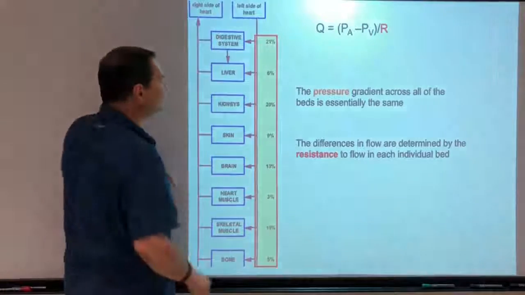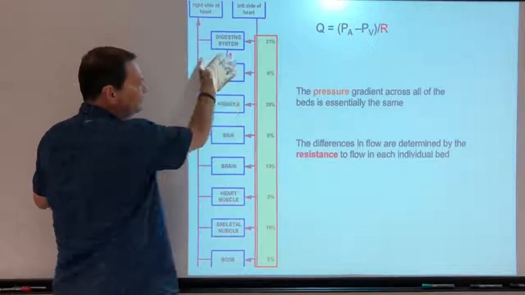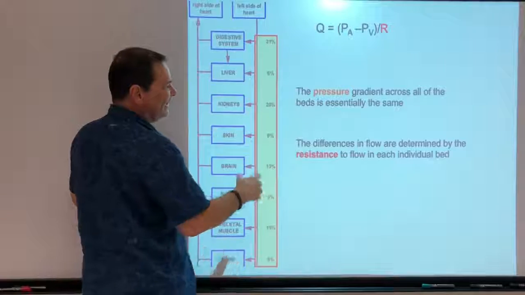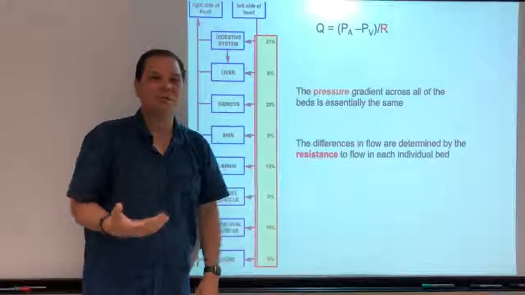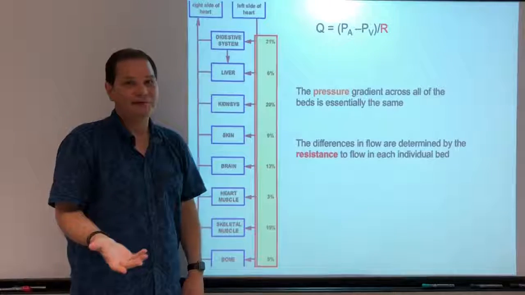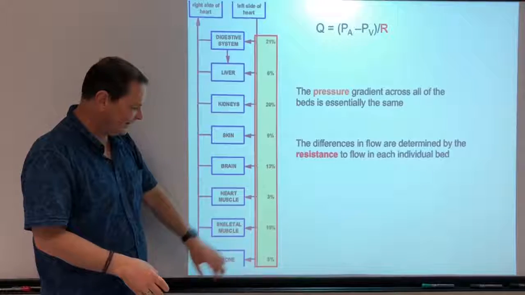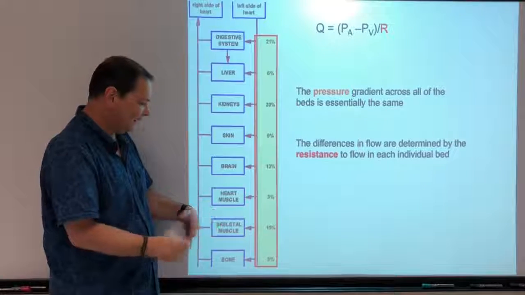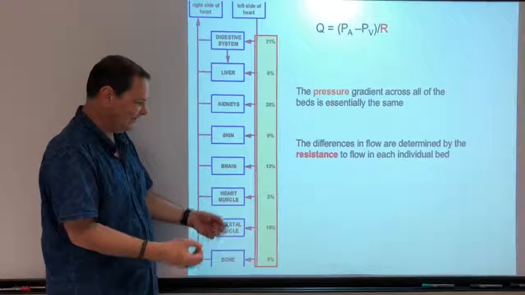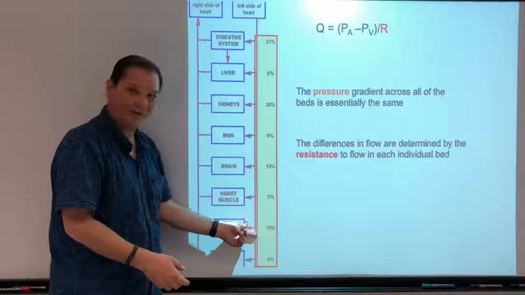The way that you control distribution of blood flow to each of these beds is by changing the resistance to flow in each individual bed. That is done through local metabolic factors ordinarily. Okay? So if I have a skeletal muscle here, like in my leg, and all of a sudden there's an increase in activity and I have more metabolites in the area, I will get vasodilation just here.